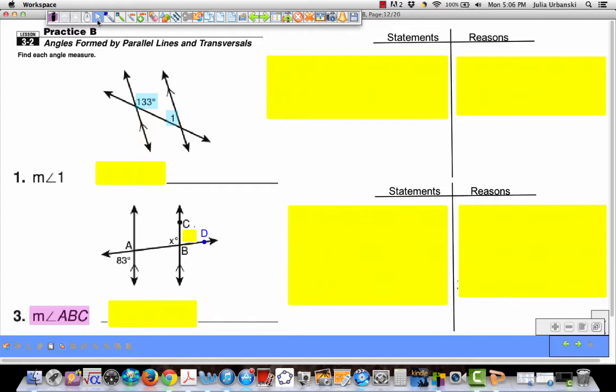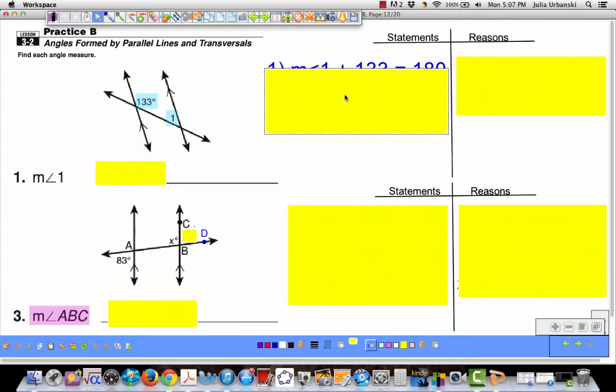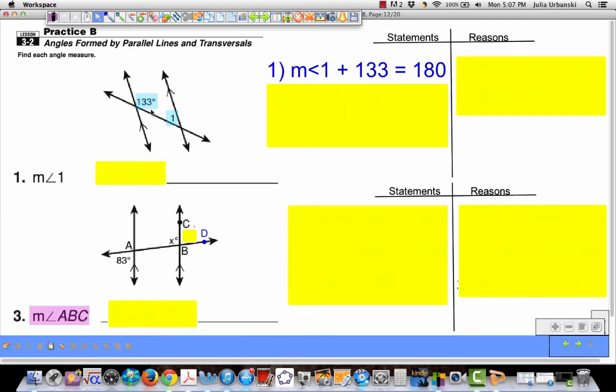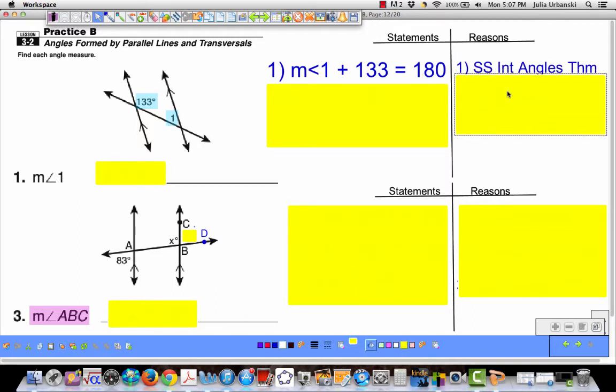Same side interior angles are supplementary. So angle 1 plus 133 degrees, these two angles here are supplementary. They add up to 180. How do I know that? Because of the rule, same side interior angles theorem.